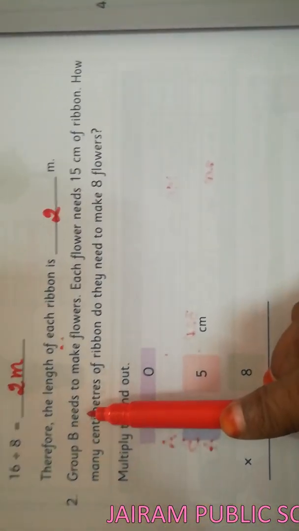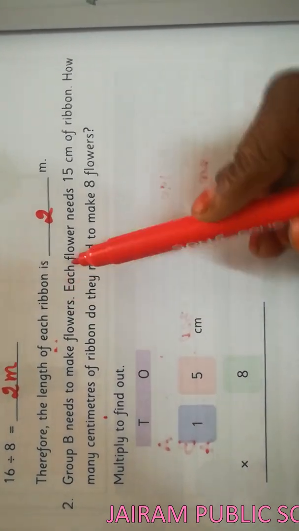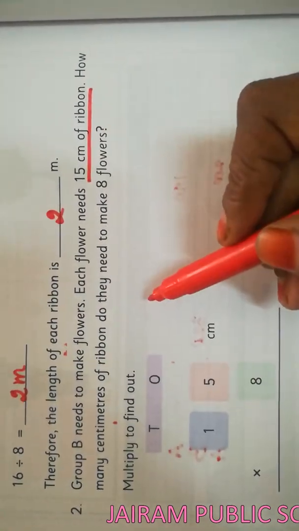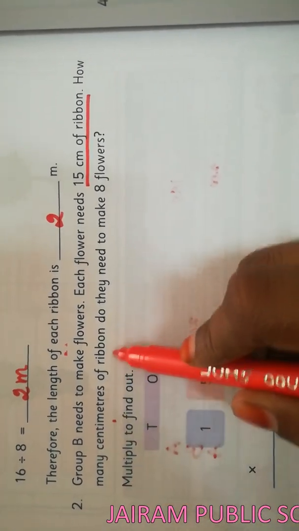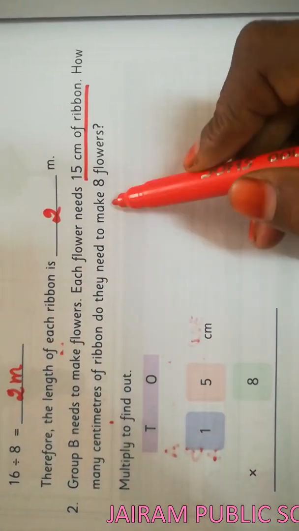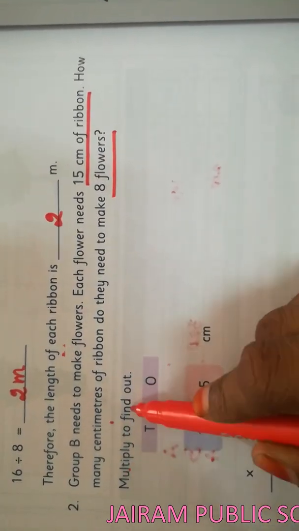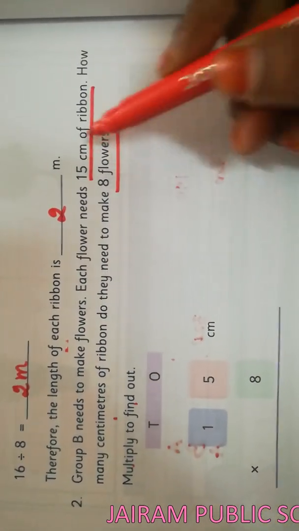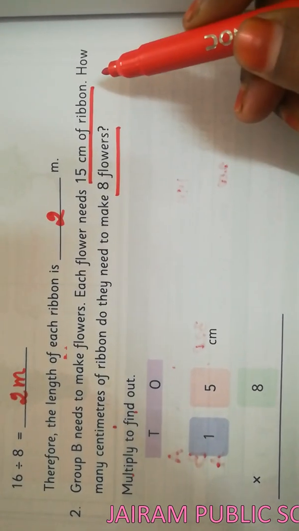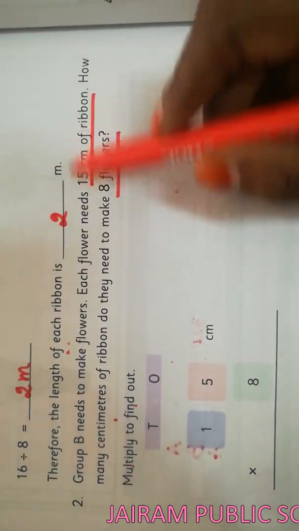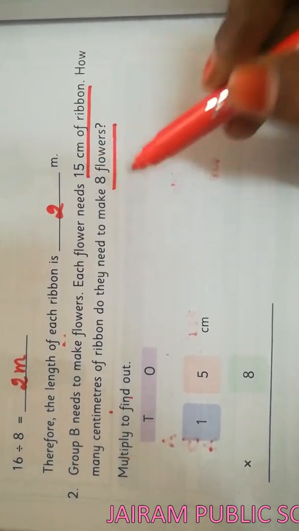Next, second question. Group B needs to make flowers. Each flower needs 15 centimeter of ribbon. How many centimeter of ribbon do they need to make 8 flowers? For that we have to multiply to find the answer, because 15 centimeter of ribbon is for one flower, and they have to make 8 flowers, so we have to multiply both of them.